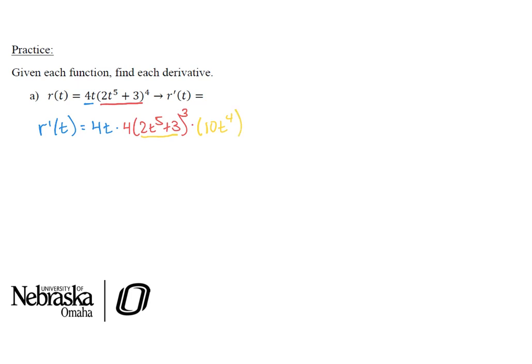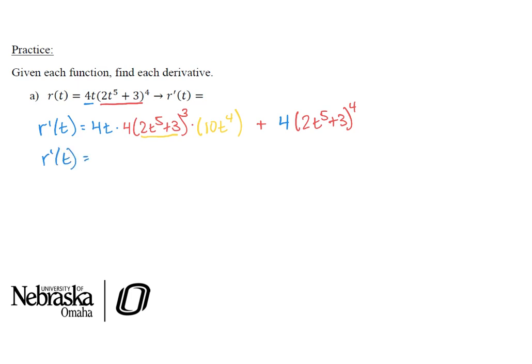Then the next part is we add the derivative of the first times the second. So derivative of the first would just be 4, and then just times the second term. I don't know if these color coordinating things help you see which function is which. That's the goal of it. If it's distracting, I apologize.